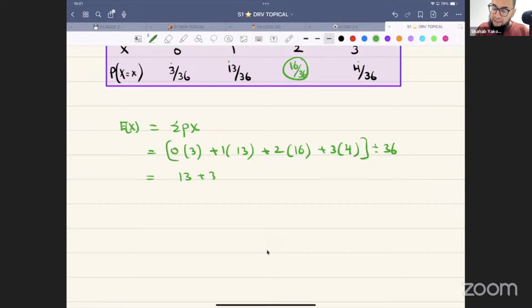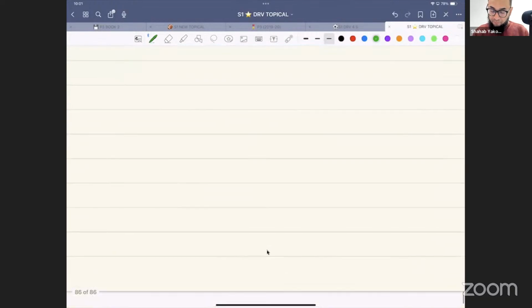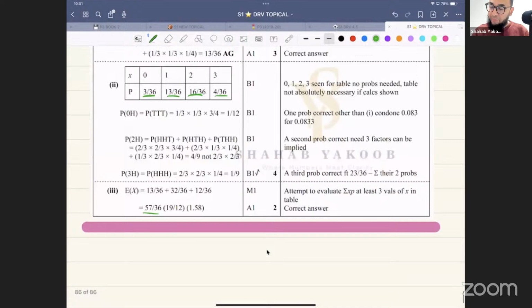So this is 13, 32, 12 over 36, 13 plus 32 is 45, 57, that is 57 over 36. Leave the answer in the exact form. And I think that's about it.